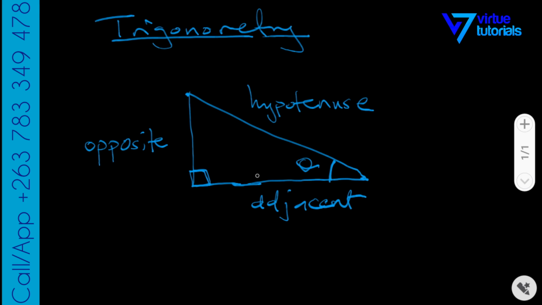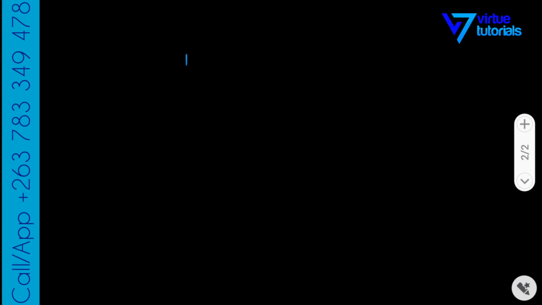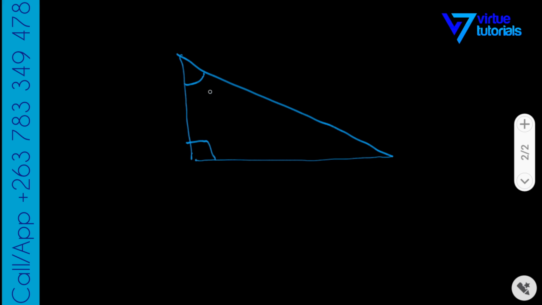So now, when you have your right-angled triangle, you are able to identify three sides: the hypotenuse, the opposite, and the adjacent. The adjacent and the opposite depend on the angle you're looking at. For example, if we had a triangle much the same, but we made this our theta, this is still our hypotenuse, the longest side.